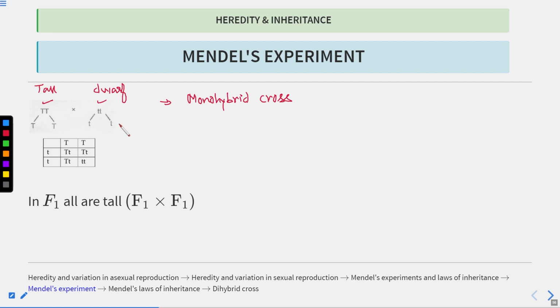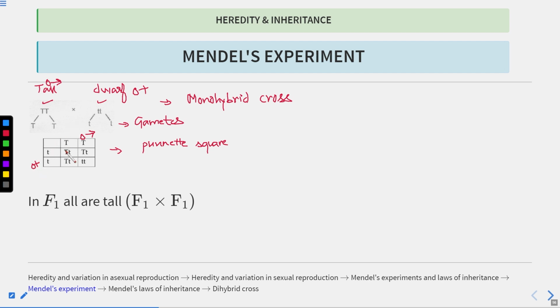So these are the gametes that are produced. All right, so here we draw a Punnett square. So this is known as the Punnett square. Suppose this was the male parent and this one is the female parent. So these are the male gametes and these ones are the female gametes.